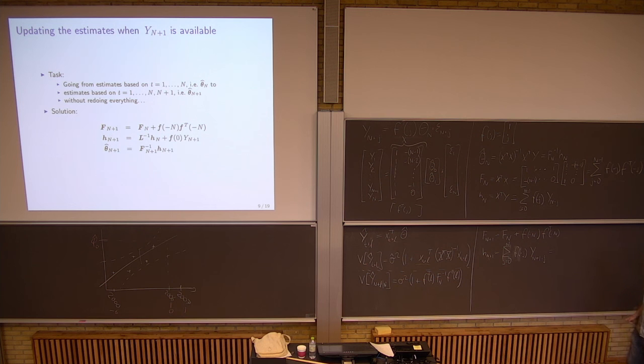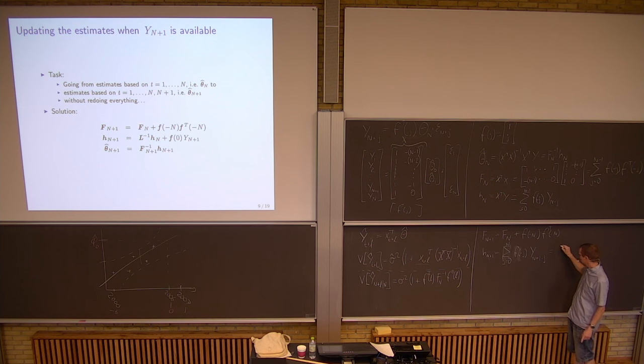And now what I want is to have something that is the previous Hn. So I will take the most recent observation and take that outside the sum.